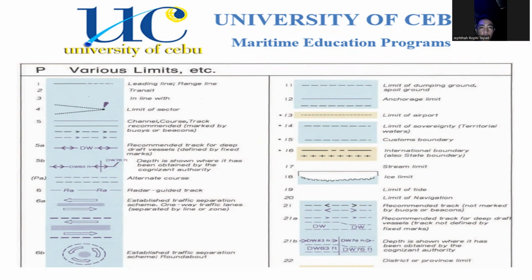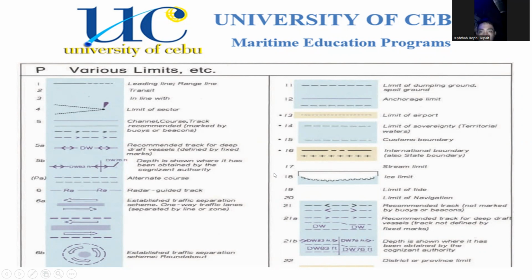In the alphabet P or Papa, we have various limits that we can see in ECDIS and nautical chart symbols, like leading line, range line, transit, limit of sector, channel, course, track, recommended track marked by buoys or beacons, recommended track for deep-draft vessels, radar guided track, and established traffic separation scheme.